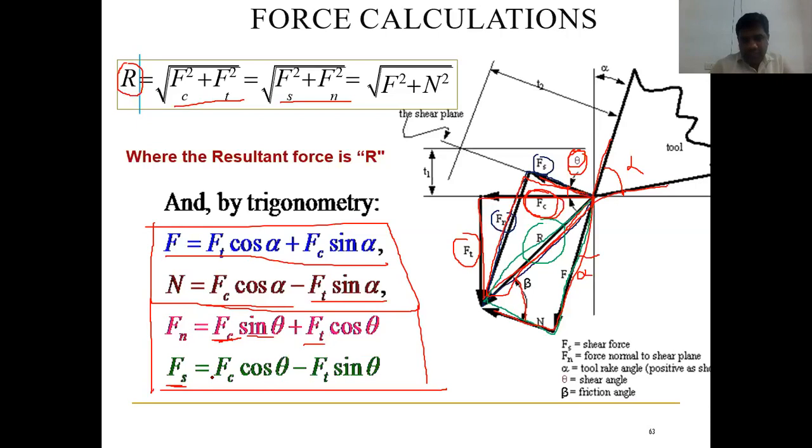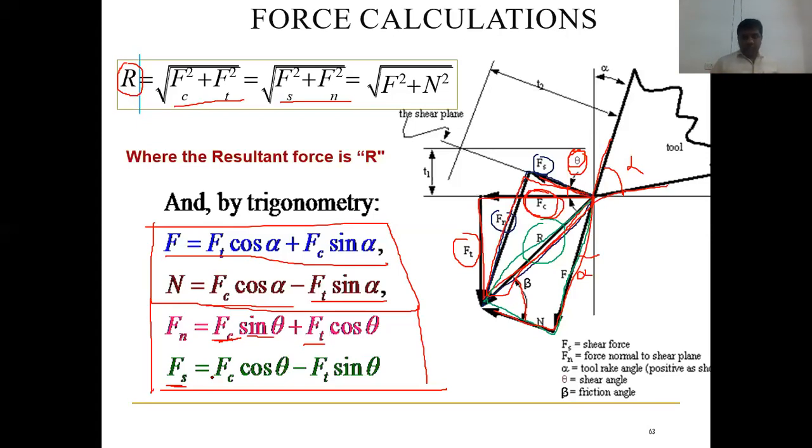So these are the 6 forces acting on the workpiece as well as the cutting tool during the machining process. FC, the cutting force, and FT, the thrust force, we measure experimentally. When you know these 2 forces and the geometric angles alpha, theta and beta, then we can find the other 4 forces also.